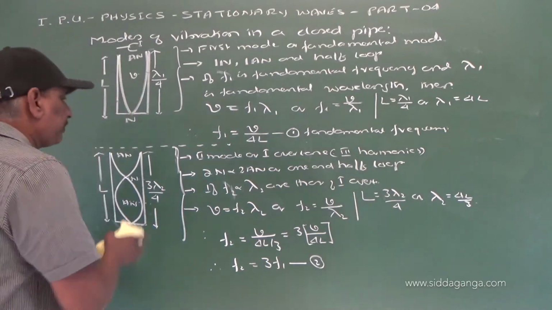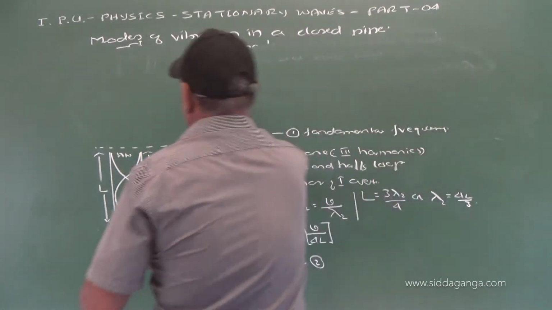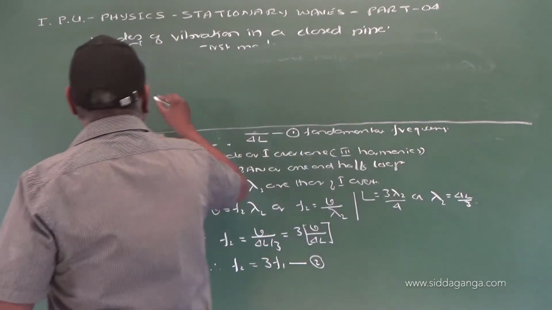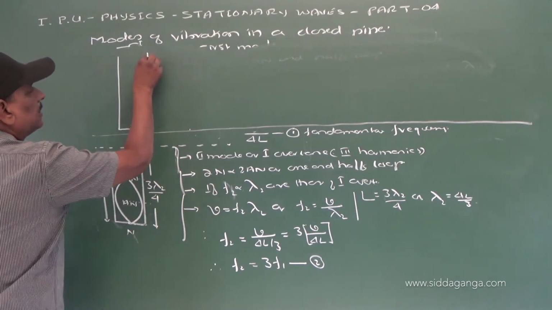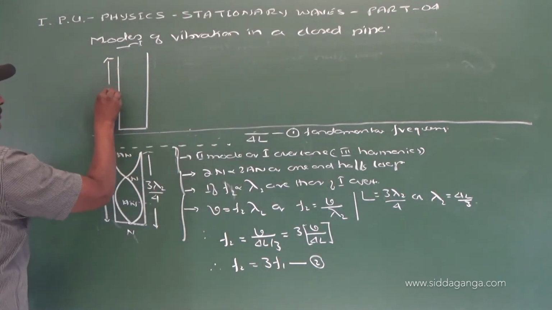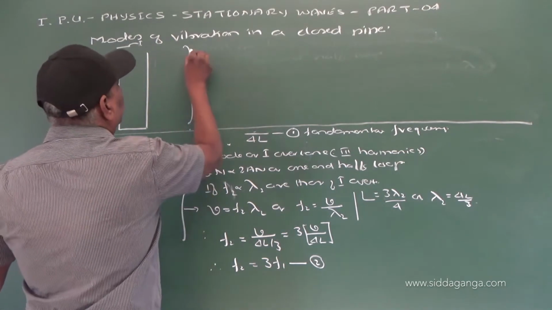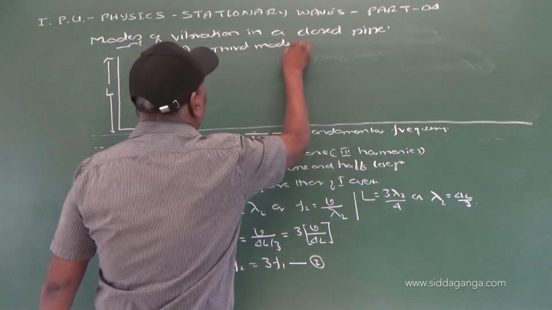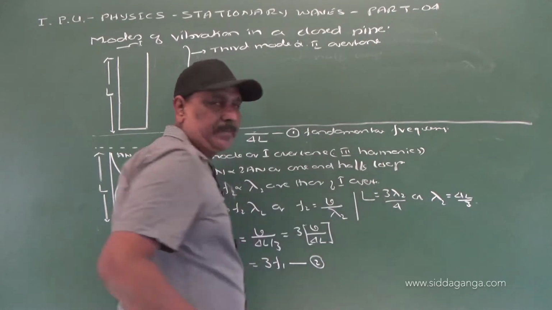Now again, keeping this, now in the next mode of vibration, this is the length of the pipe L. Now this is third mode and second overtone, right?